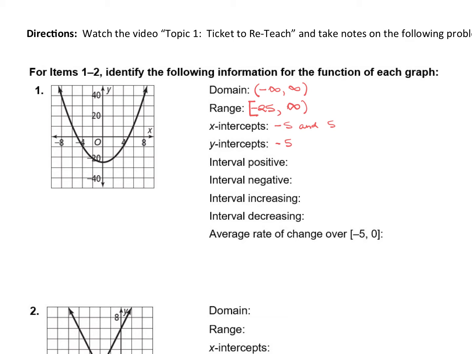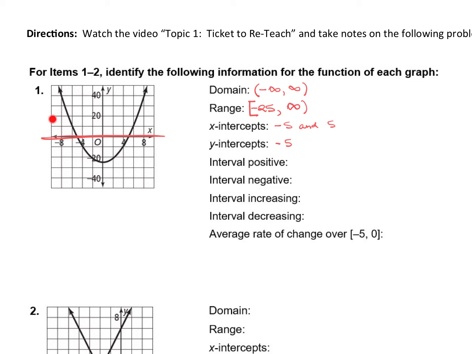Okay, so now it gets into the trickier things. Interval positive. Where is our graph positive? Your graph is positive above the x-axis. So here's our x-axis. Anything above that, our graph is positive. So what are those intervals? Intervals go from the smallest number on the left to the largest number on the right. This portion of our graph is going to get an interval, and this portion is going to get an interval. For this portion, the smallest number is the furthest to the left.